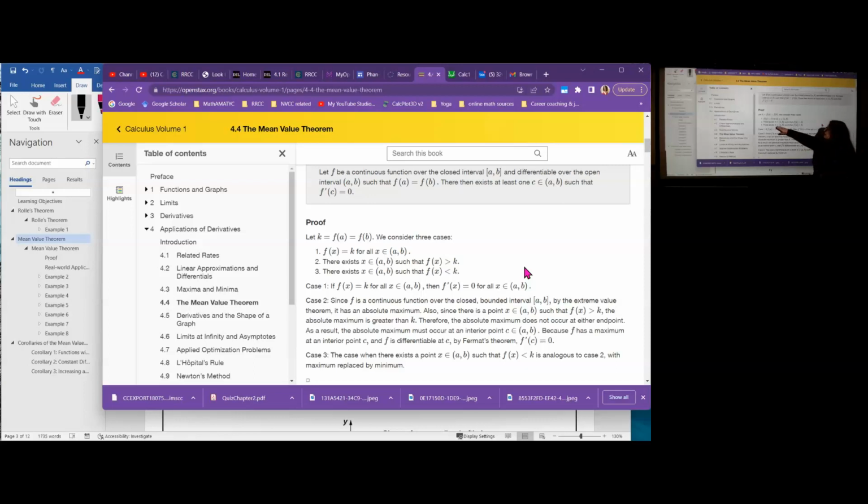The third case is if we have a point x between a and b where it goes below the value of k. In this case, we repeat case 2, but instead of looking for an absolute maximum, we look for the absolute minimum. The proof is very similar.